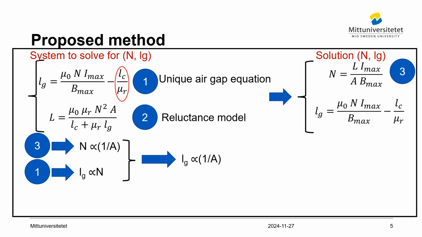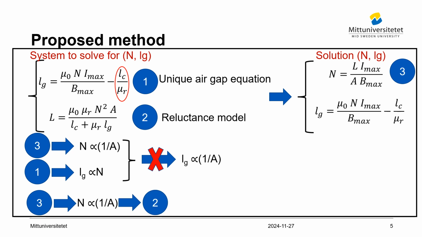So the right way to understand the relationship between the cross-section and the air gap is to go through equation number 2. That's the physical model of your inductance. So starting from equation number 3, that's Faraday's law, we have the number of turns inversely proportional to the cross-section. Now we go to number 2, which is the physical model.